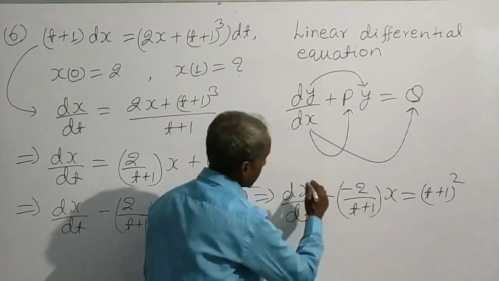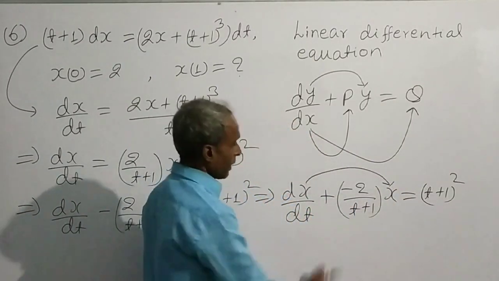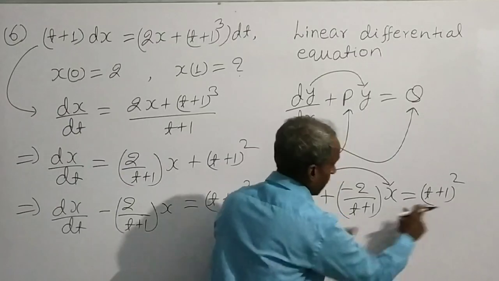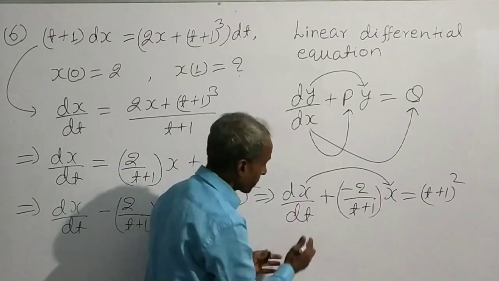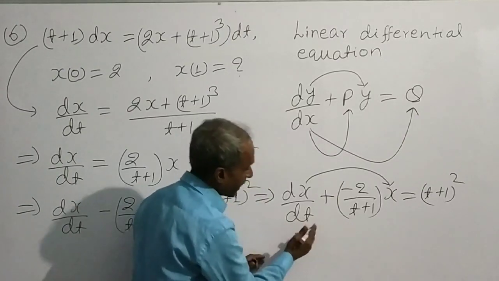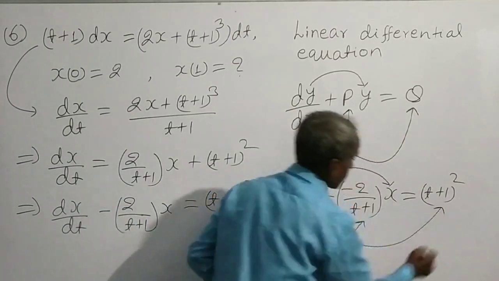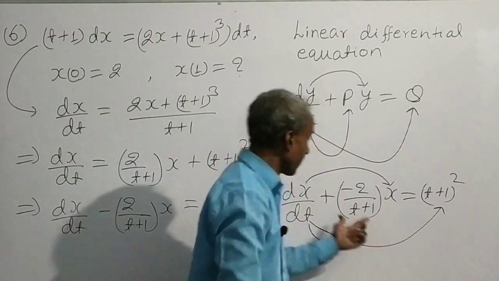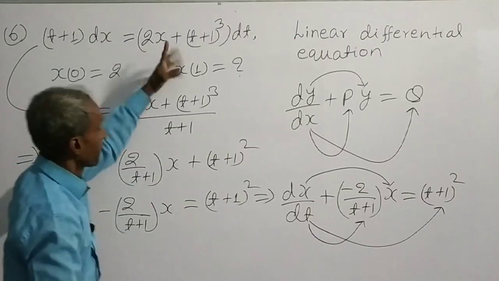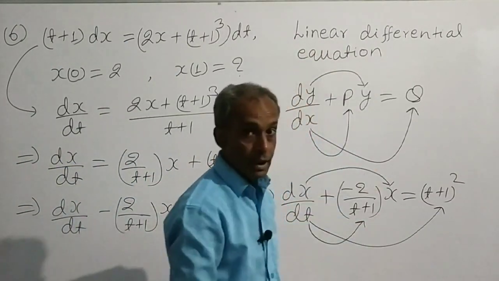Here is the variable appearing in the numerator. Here and here are functions of t, that means functions of the variable appearing in the denominator. Therefore, this differential equation is a linear differential equation.